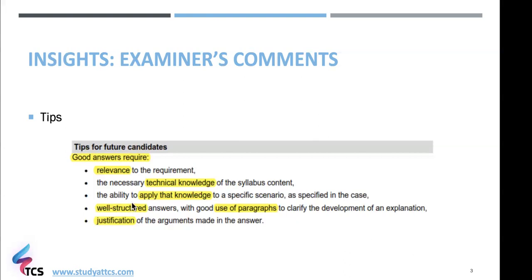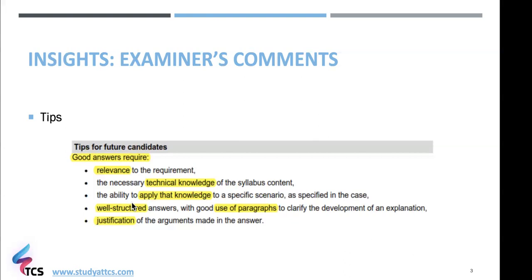And on top of that, just having this knowledge won't help you. You need to also show that you have an appropriate skill set which enables you to apply this knowledge to the given scenario. So all these things were highlighted in the second webinar, where I gave you tips to understand the requirement clearly.